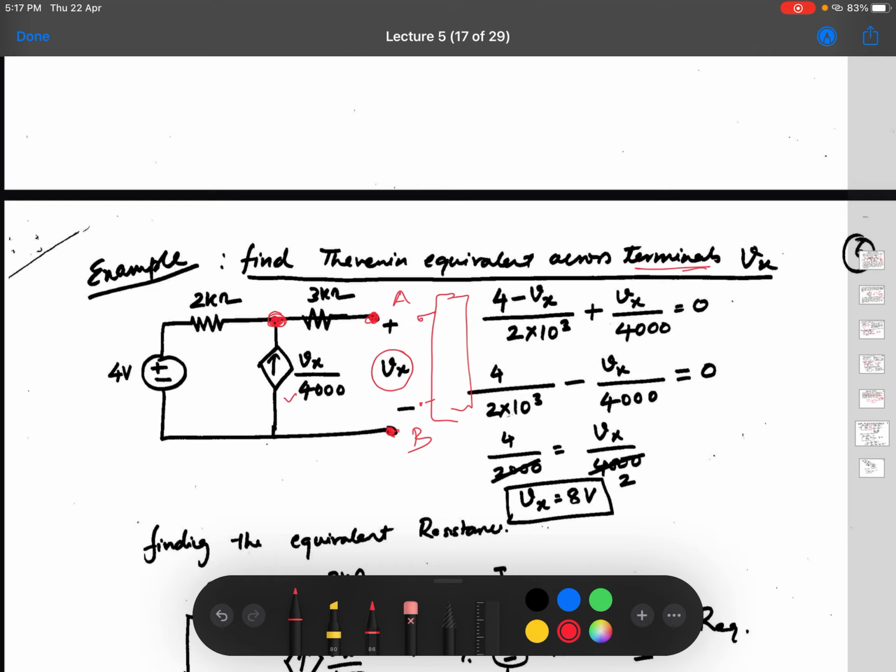If you write the node equation here, the current flowing into the node you can calculate as (4 minus Vx) upon 2k. At the other branch, again a current Vx by 4000 is going into it, and the sum of both going in comes out to be 0.